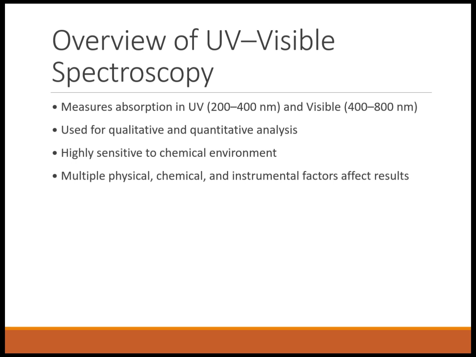This is the UV visible region. Ultraviolet region is from 200 to 400 nanometer. However, visible region is 400 to 800 nanometer. The resulting spectrum helps us to understand molecular structure, concentration, purity, and reaction behavior.